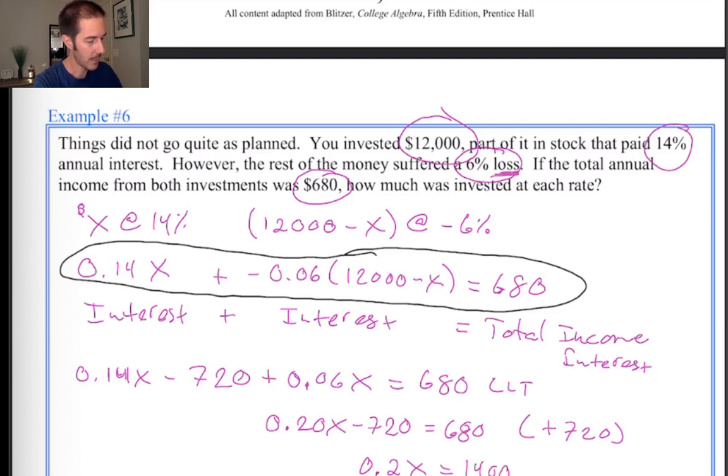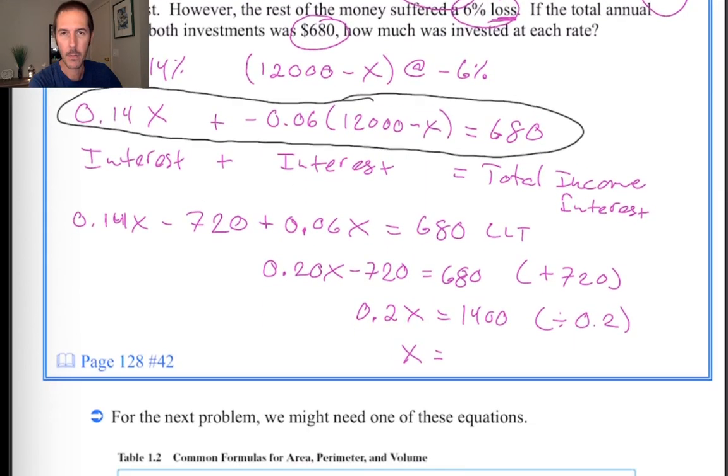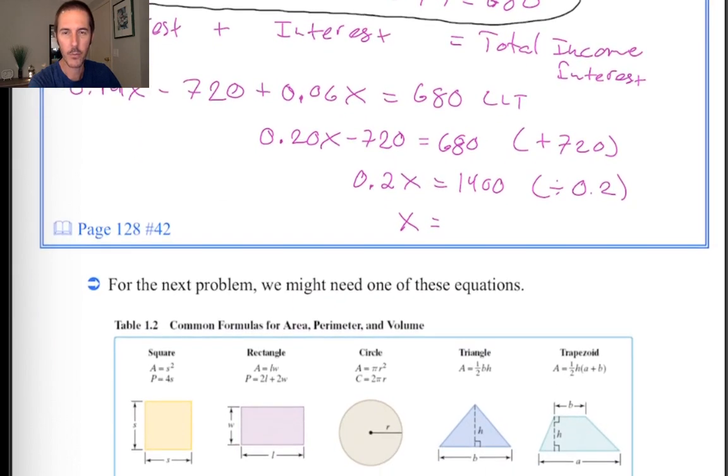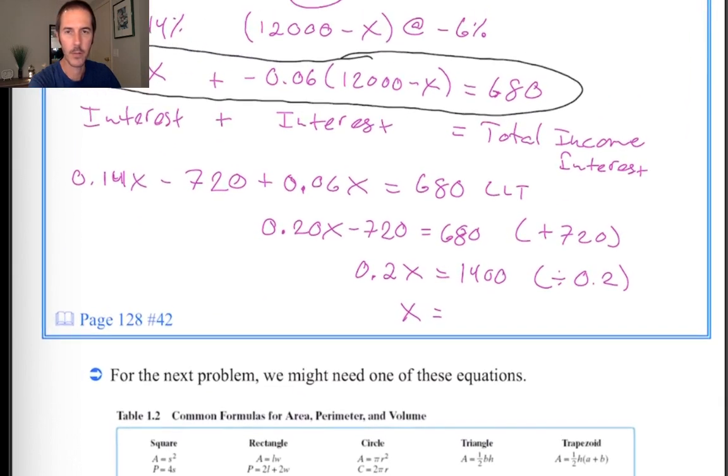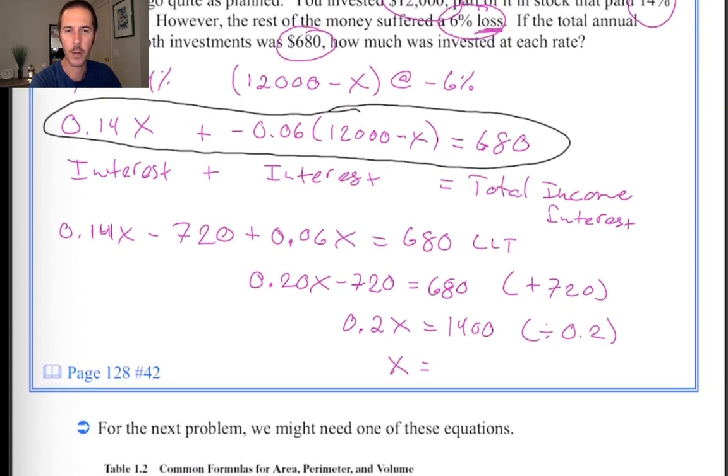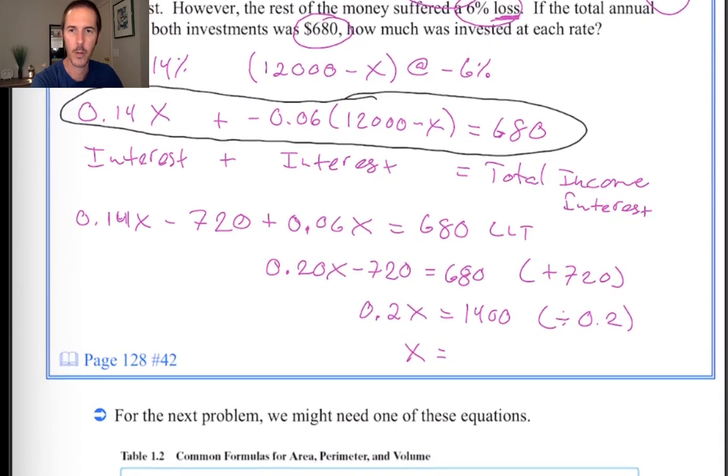And then if we divide both sides by 0.2, we'll get an x value of, oh, I went right off the screen, sorry. I'm writing on an iPad, which is twice as tall as the available real estate that we have on our screen here. So sometimes I'm going to go right off the screen.